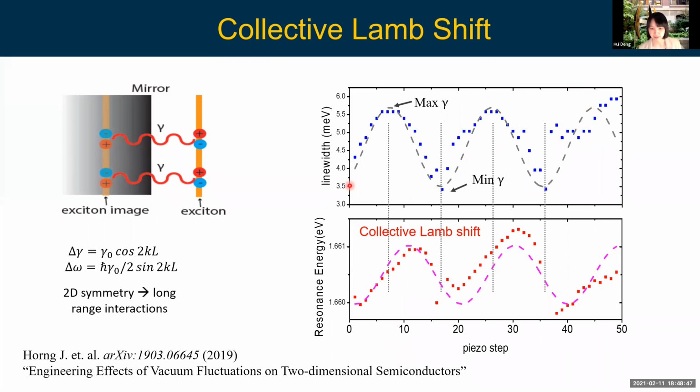And that's where we could see, simply by changing the distance, the modulation of the line width, and that also corresponds to a shift of the resonance, which has an analogy to the Lamb shift. The original Lamb shift is a pure quantum mechanical phenomenon from vacuum fluctuation. In this case, it's called a collective Lamb shift. The physics is similar, but it's in many body systems and has a semi-classical description.